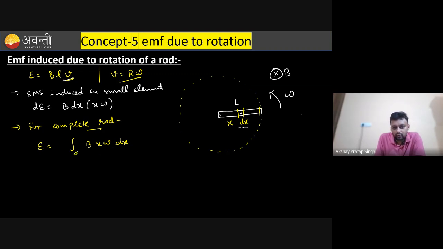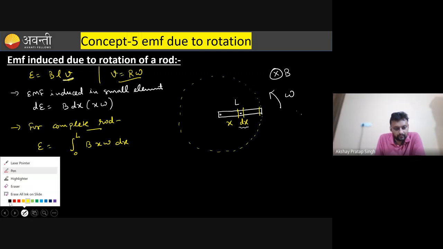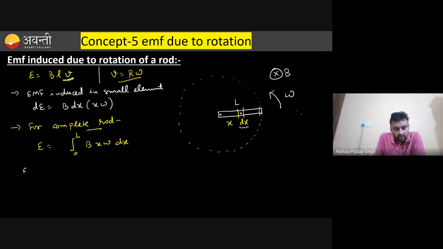Limit is 0 to L. Now if you integrate it, E is equal to B, and omega is constant. What will remain? x dx. Integration of x dx is nothing but x square by 2. Limit is 0 to L. So induced EMF will be half B omega L square.